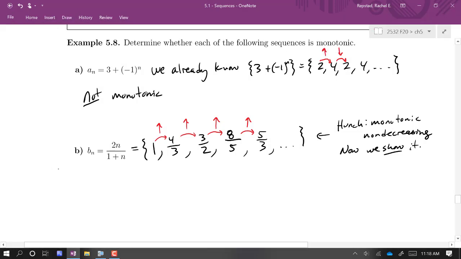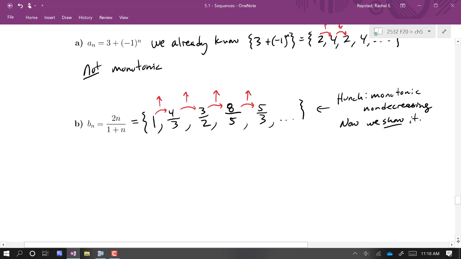So the way we're going to show it is we're going to compare the b_n term to the b_(n+1) term, the arbitrary nth and n+1 term, and show that the n+1 term is always bigger. So our b_n term is 2n over 1 plus n.